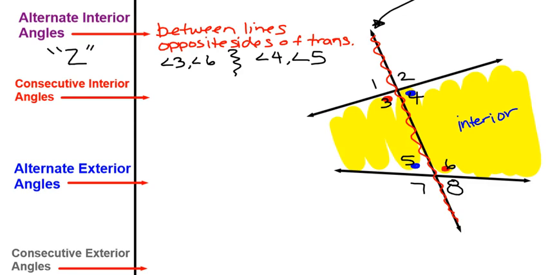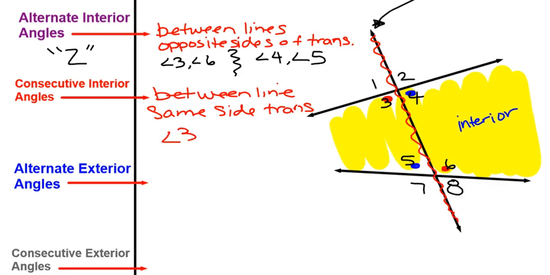Let's talk about consecutive interior angles. The consecutive interior angles are between the lines, but they need to be on the same side of the transversal. So if I look there, angle 3 is right here on the left. What would be on the same side of the transversal? The red squiggly line is angle 3, and that would be angle 5.